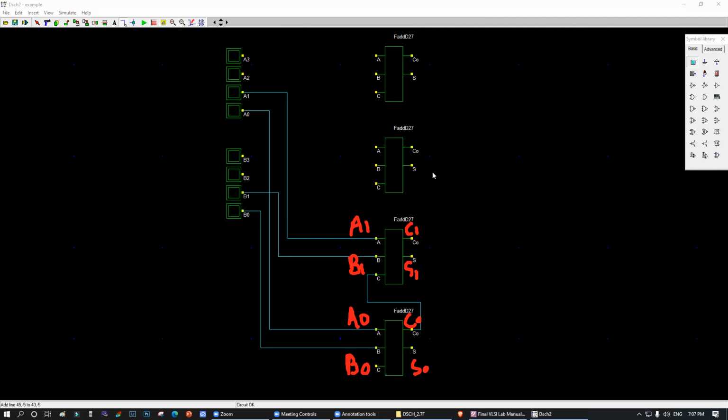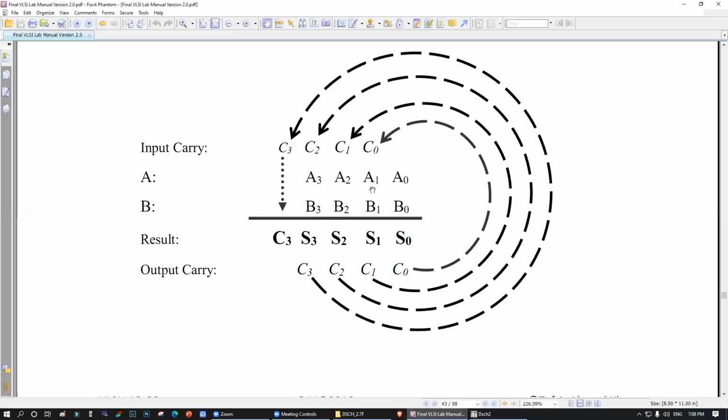Okay. So this one will be for A2 and B2. This is your B. This will be your A2. Now with A2 and B2, what should you have?